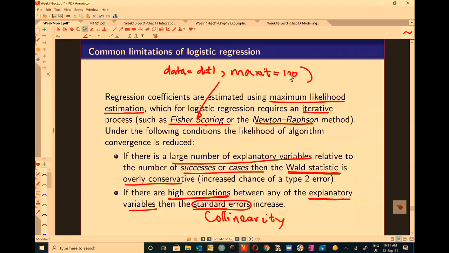If the model fails to converge, it's because it hasn't gone far enough. If you increase that, the model will converge. In my experience, 100 works in most situations. So if the model still refuses to converge, there's a problem.